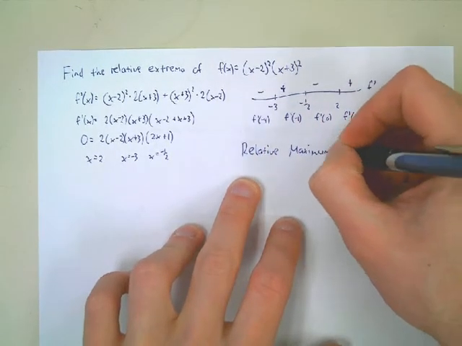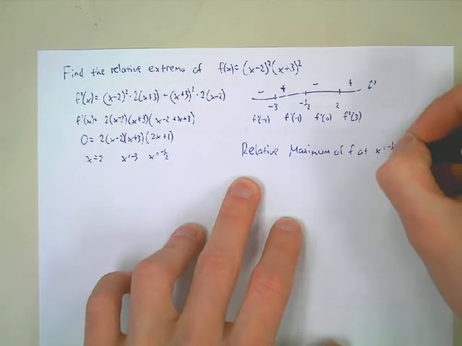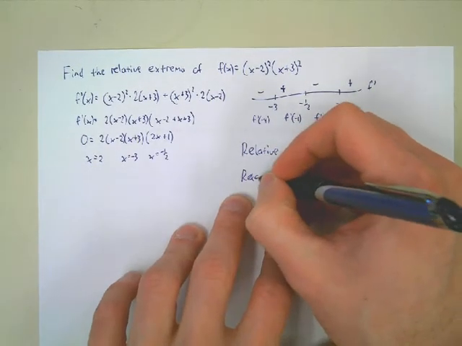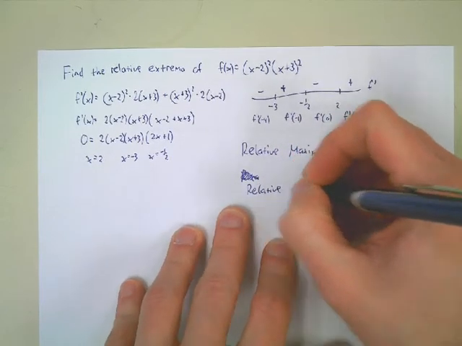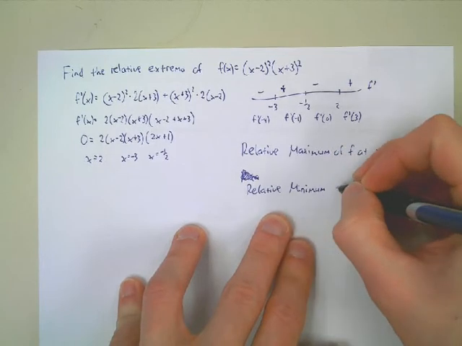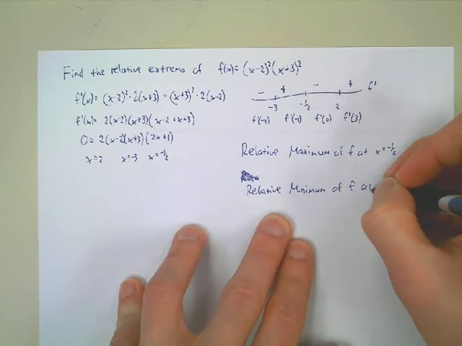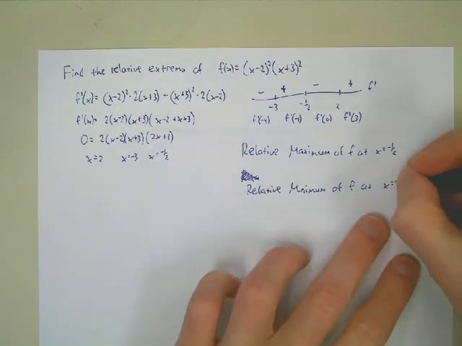We have relative minimum of f at x equals negative 3 and x equals 2. Okay, now, questions on any of that?